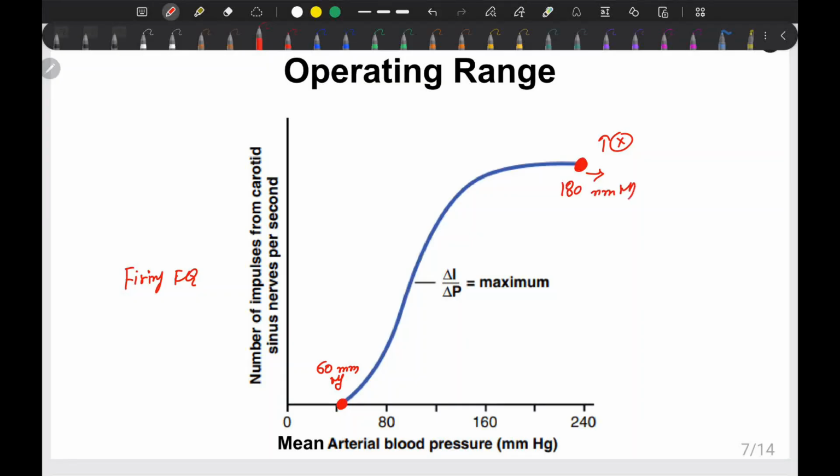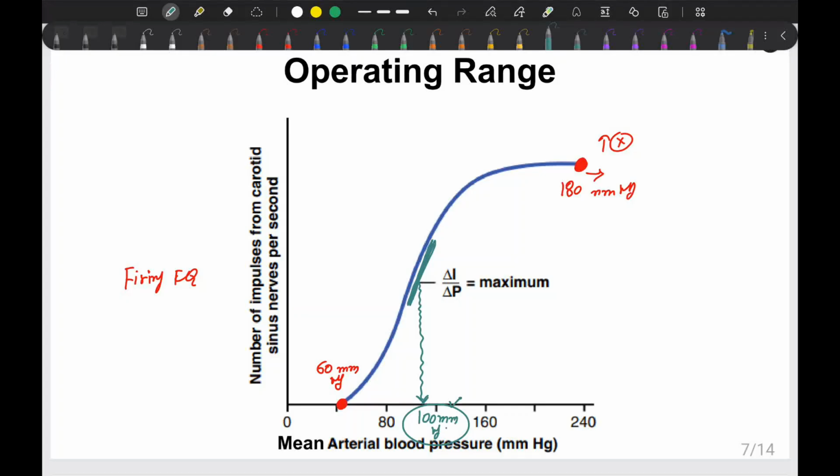Okay, second thing, if you see the graph, the graph is basically sigmoid shape. In the central portion you can see there is a steep portion. Steep portion means that if you trace this particular thing down, you get approximately a BP around 100 millimeter of mercury of your mean arterial blood pressure, which means that around this pressure you are getting this steep, and the meaning of this steep is that the baroreceptor is highly sensitive to pressure changes.